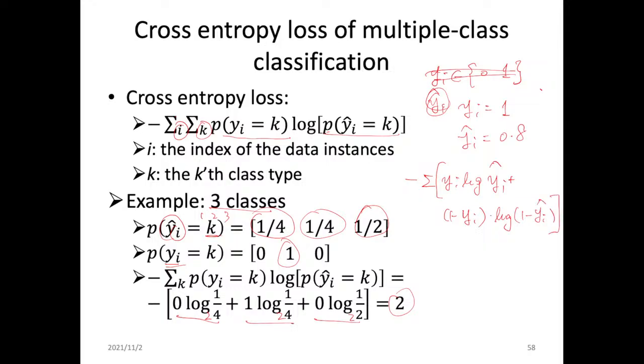Because we are dealing with binary classification, when yi is 1, 1 minus yi is 0, and if your yi hat is 0.8, then 1 minus yi hat is 0.2. So essentially that's the same as the definition here.